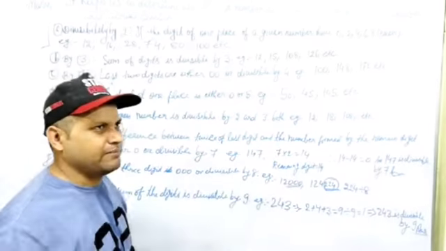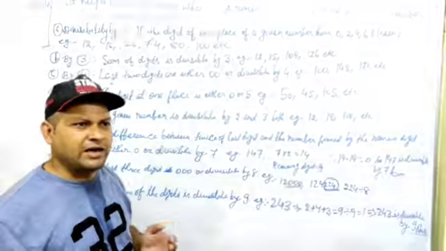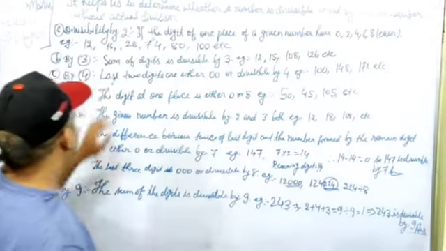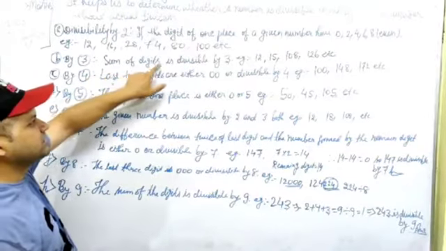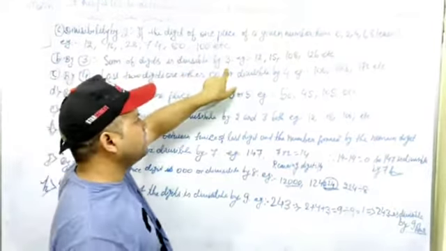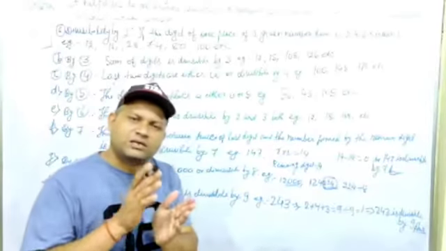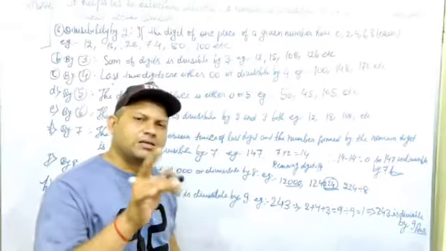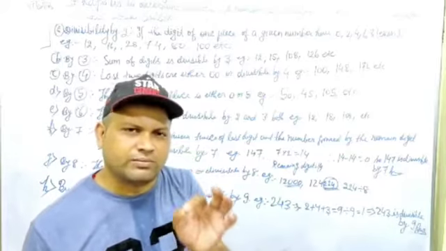Now in the same way let us come to know the criteria for a number to be divisible by 3. We have to look at whether the sum of the digits is divisible by 3. If the sum of the digits of the given number is divisible by 3, then we can say the number is divisible by 3.